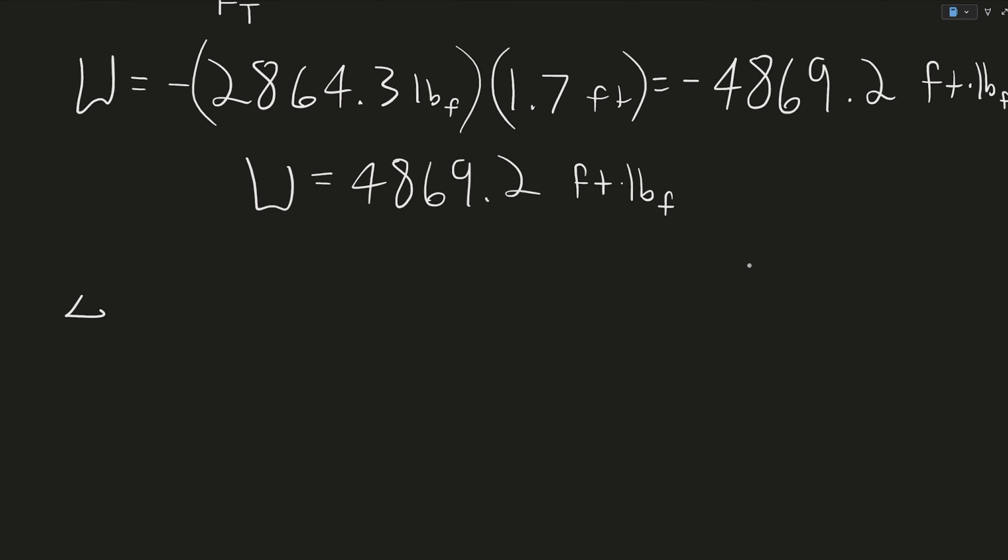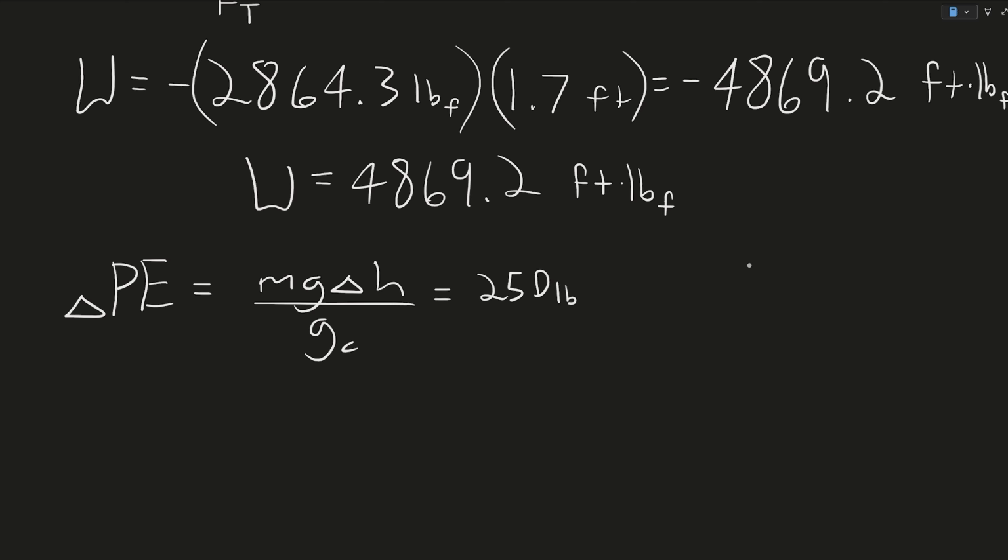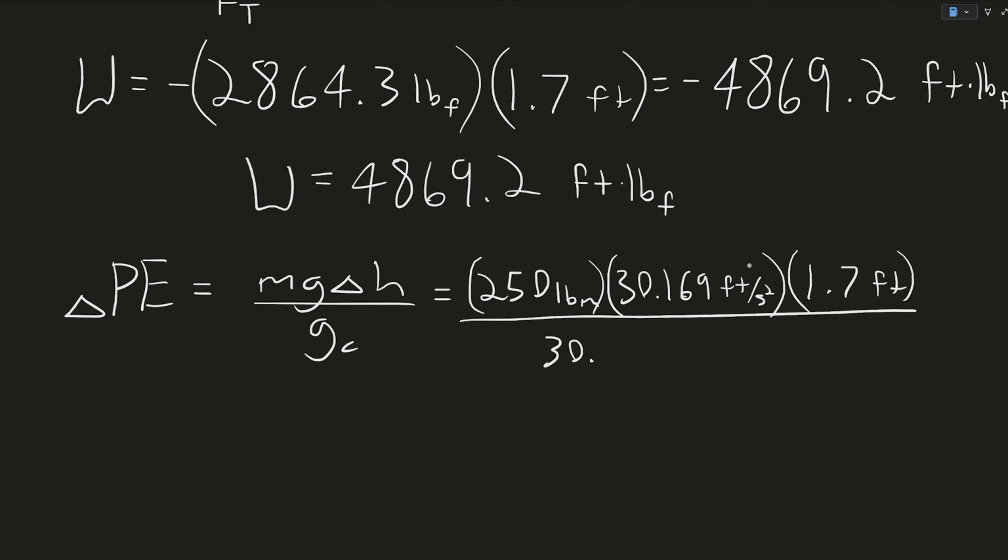Now for the last part, to find the change in potential energy. This is equal to mass times gravity times change in height divided by g sub c. Plugging this in, we get 250 pound mass times 30.169 feet per second squared, which is our gravitational constant, times our change in height of 1.7 feet, all divided by g sub c, which is 30.174 pound mass foot per pound force second squared.